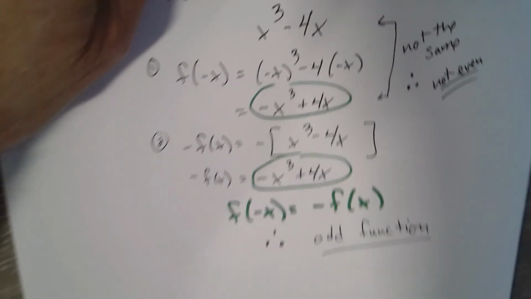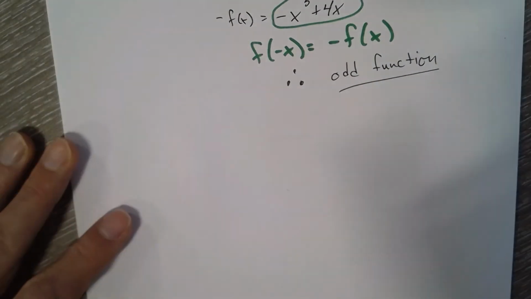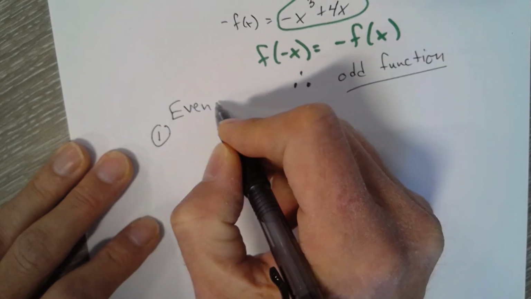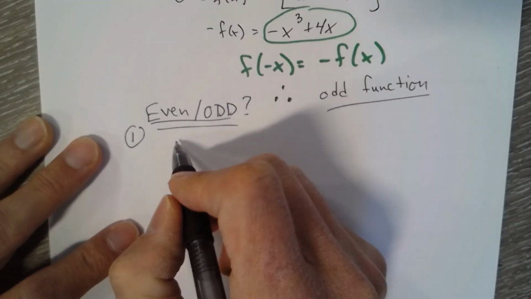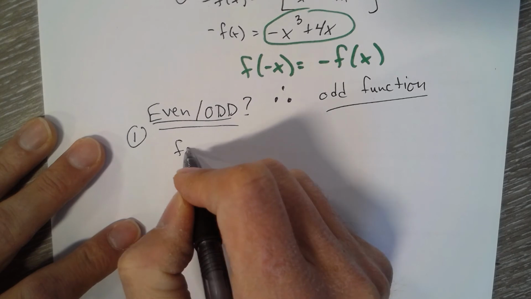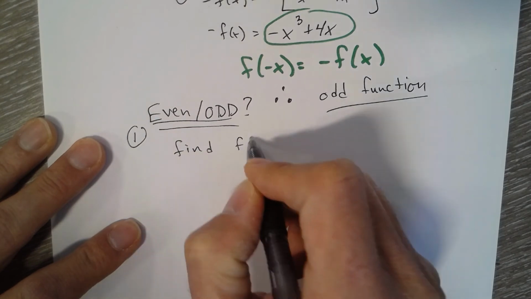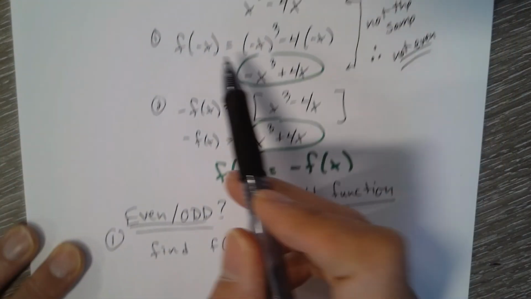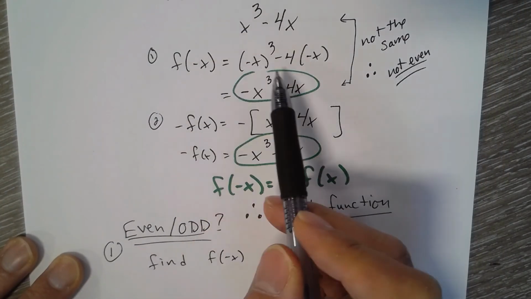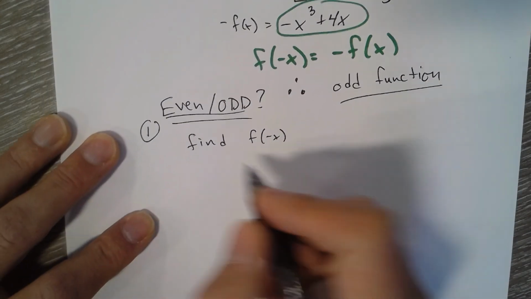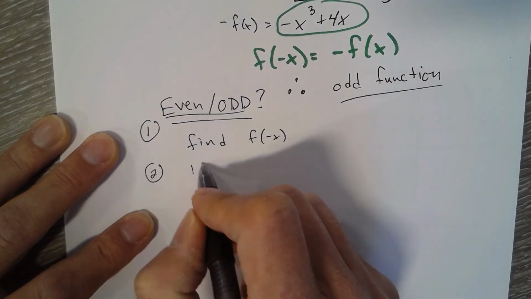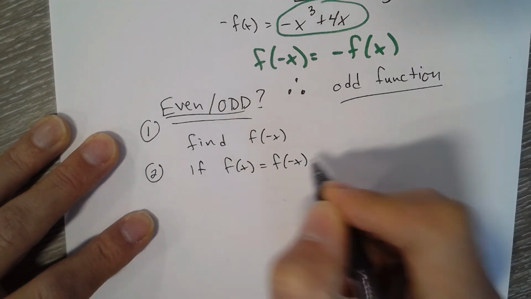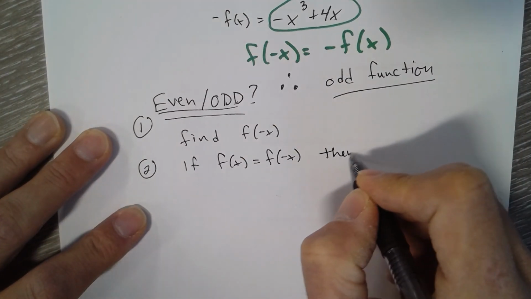So maybe I'll just write out the steps real quick. Even, odd, question mark. First step, find f of negative x. Well, we did find f of negative x. If f of x equals f of negative x, then it's even.